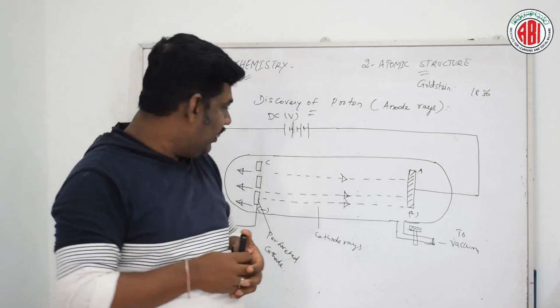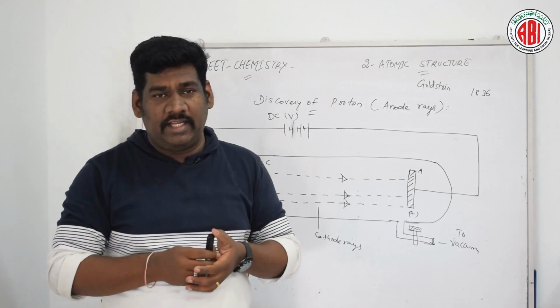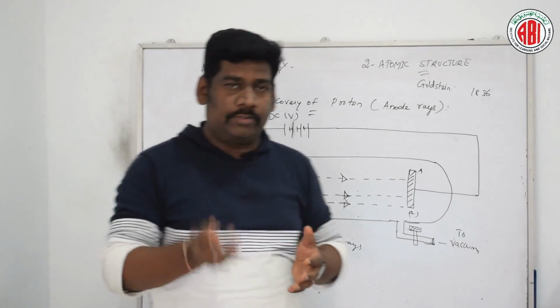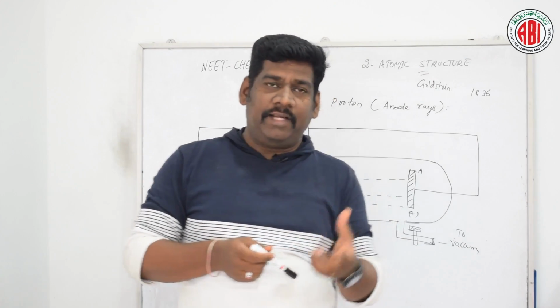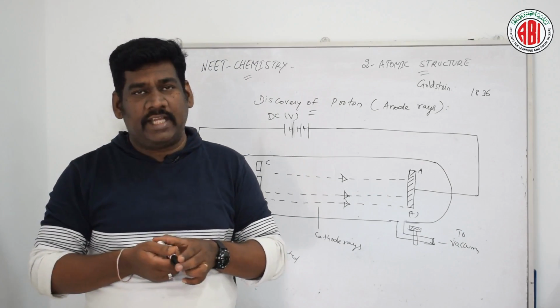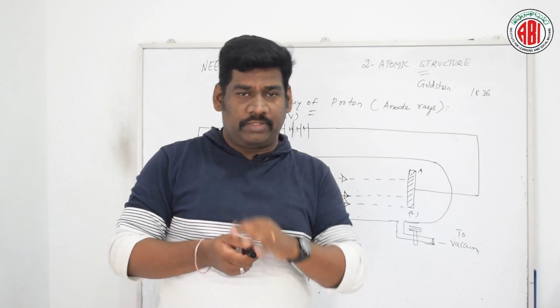Why did he call these anode rays? Because these rays also get deflected by magnetic and electric fields, similar to cathode rays, but the deflection is in the opposite direction to that of the cathode rays.